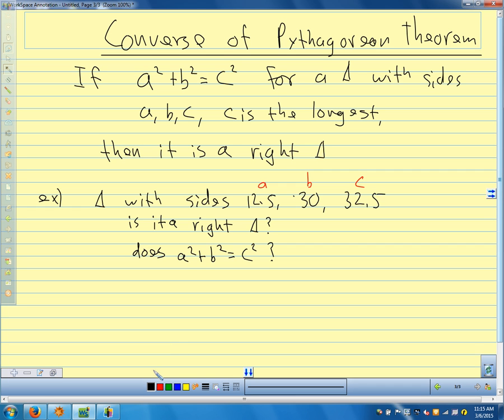So then we try it out. Does a squared plus b squared equal c squared? Well, a squared plus b squared is 12.5 squared plus 30 squared. If I calculate that out, 156.25 plus 900 equals 1056.25.